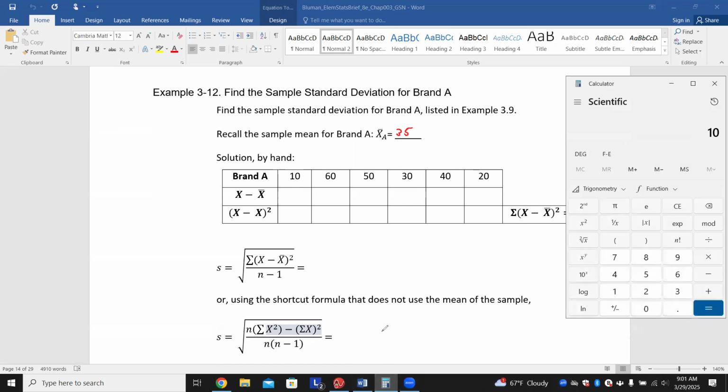So we have 10 minus 35, so we get negative 25. We'll do 60 minus 35 and we get positive 25. 50 minus 35 and we get 15.